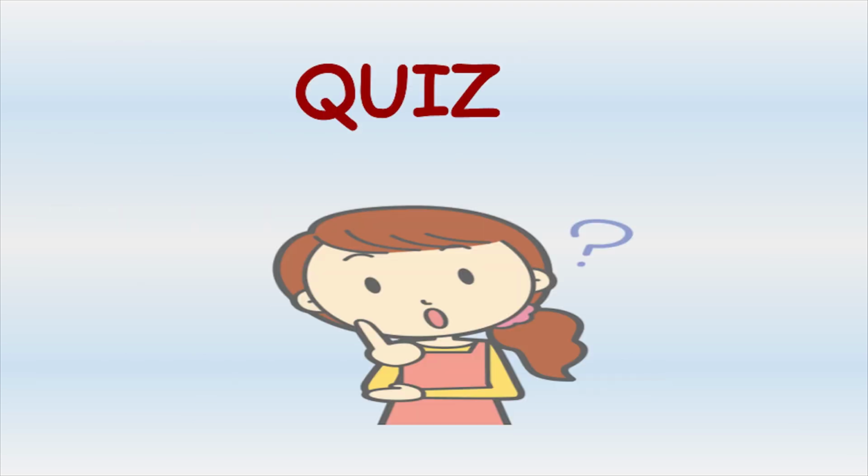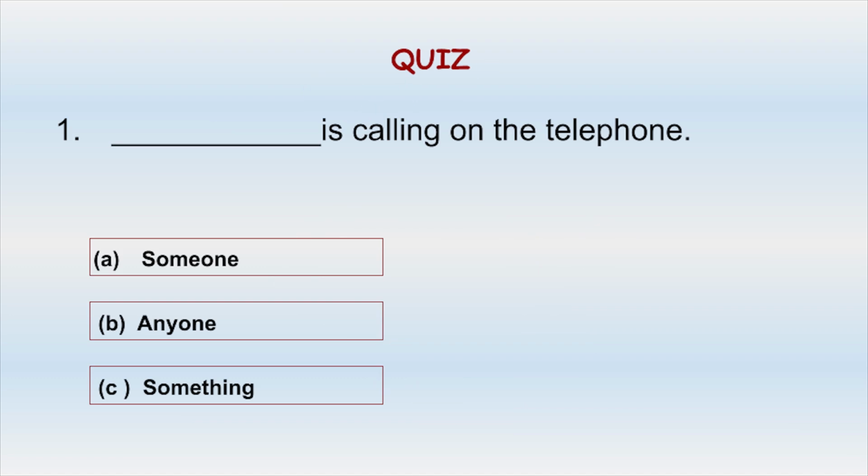Let's now do a little quiz activity to test your understanding of this lesson. Use the most suitable indefinite pronoun to fill in the blank spaces. Number 1. Blank is calling on the telephone. Is it someone, anyone, or something? The answer is someone.